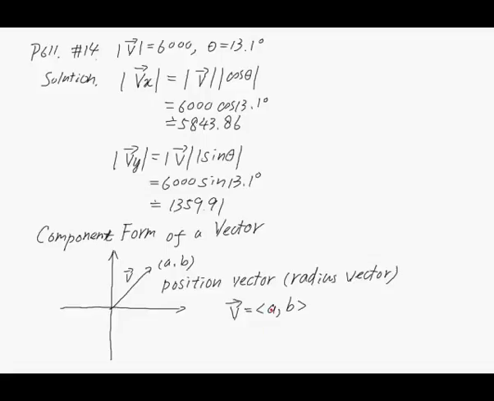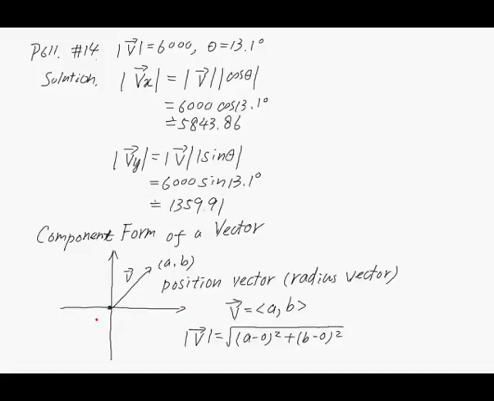Then you can use this component form to find the magnitude of this vector. So the length of this vector v, by the distance formula, is equal to the square root of (a minus 0) squared plus (b minus 0) squared, because this point is the origin.